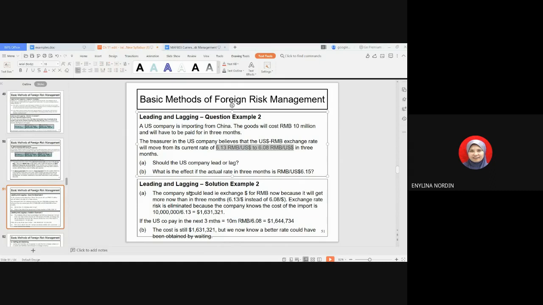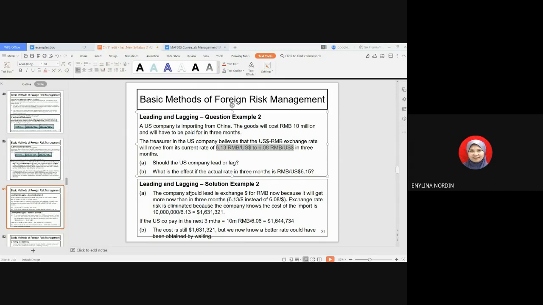If the US company waits until the next 3 months to make payment and the prediction is correct, the US company will be at a loss.